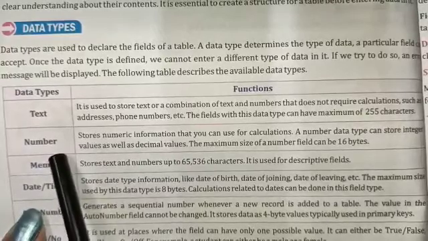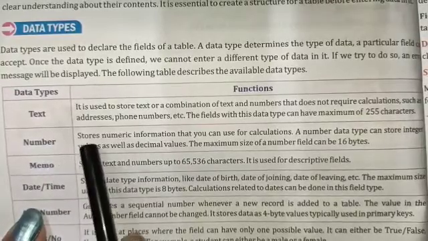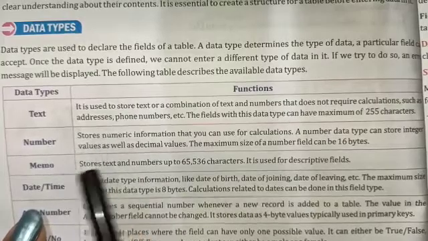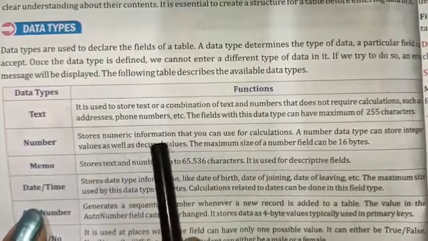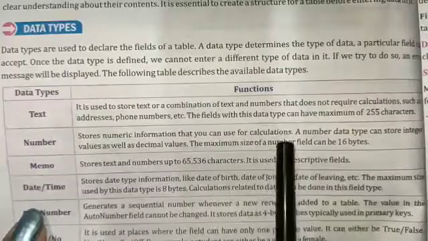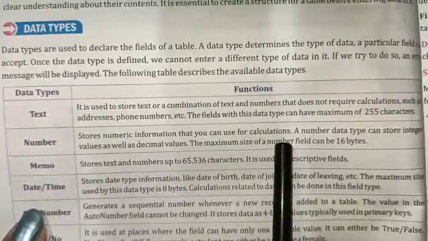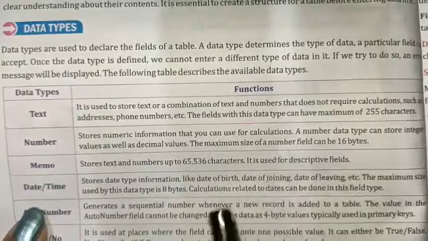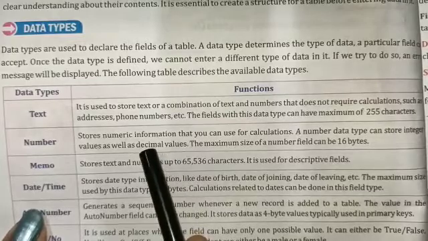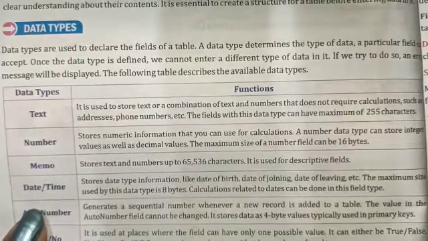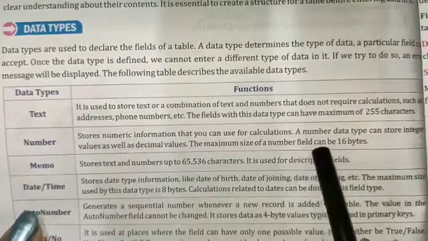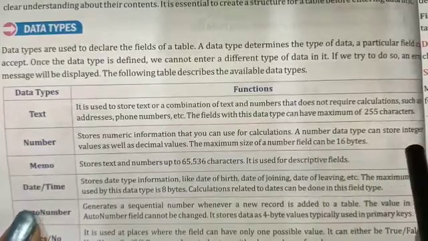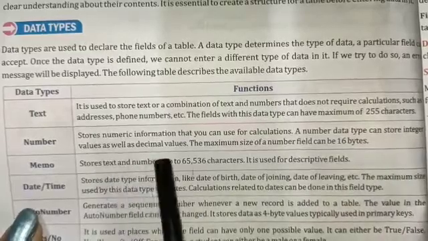Next data type, number. Number stores numeric information that you can use for calculations. A number data type can store integer values as well as decimal values.